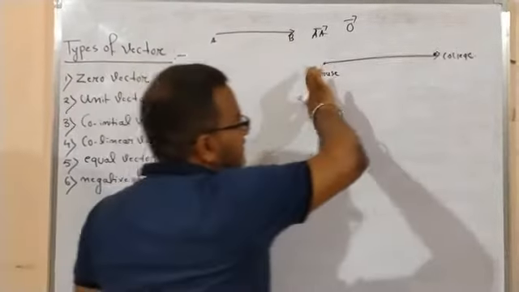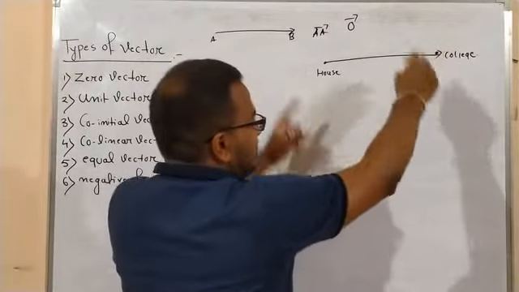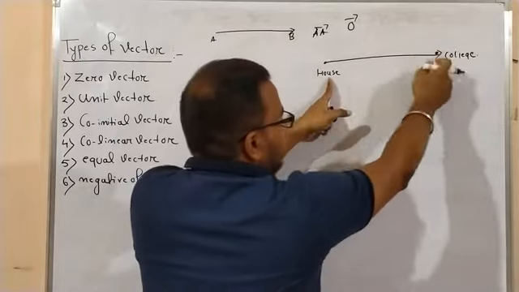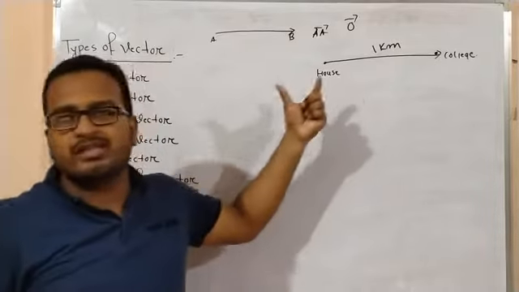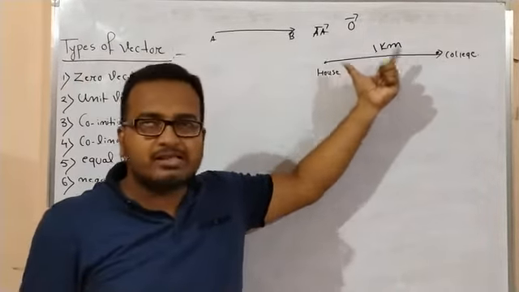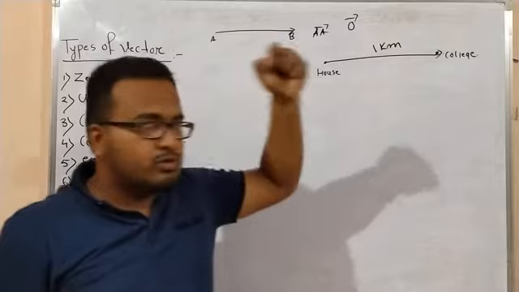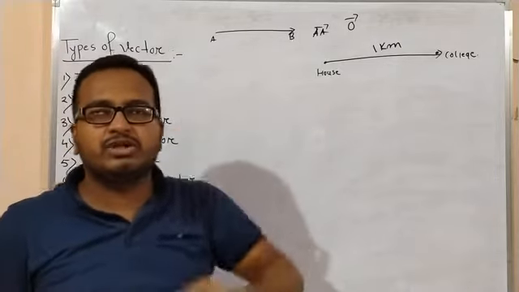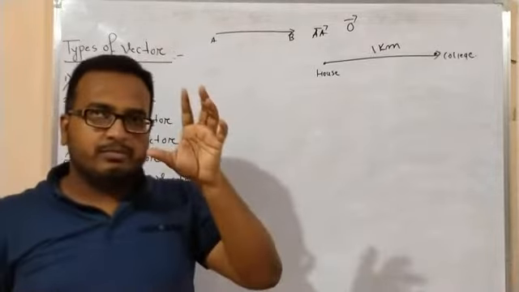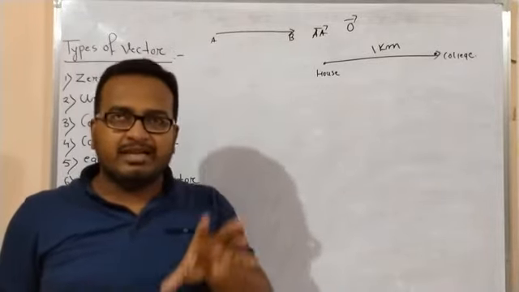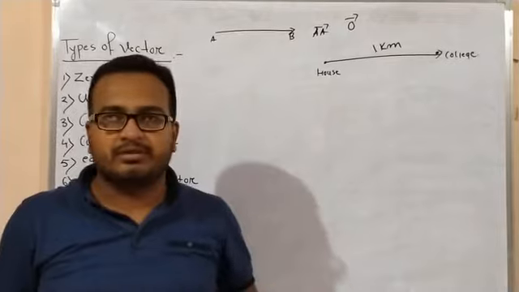Now if the magnitude of this, that means the distance from house to college, is 1 kilometer, then this type of vector is known as a unit vector. That means its magnitude is 1 unit. Loosely speaking, a unit vector is nothing but a vector having magnitude 1 unit.